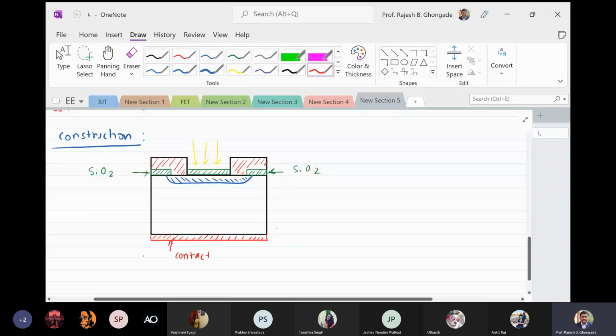So this is the metal contact, also called as ohmic contact. This is also metal contact. This is P-type region, and this is N-type region here. So this is the construction of a photodiode.